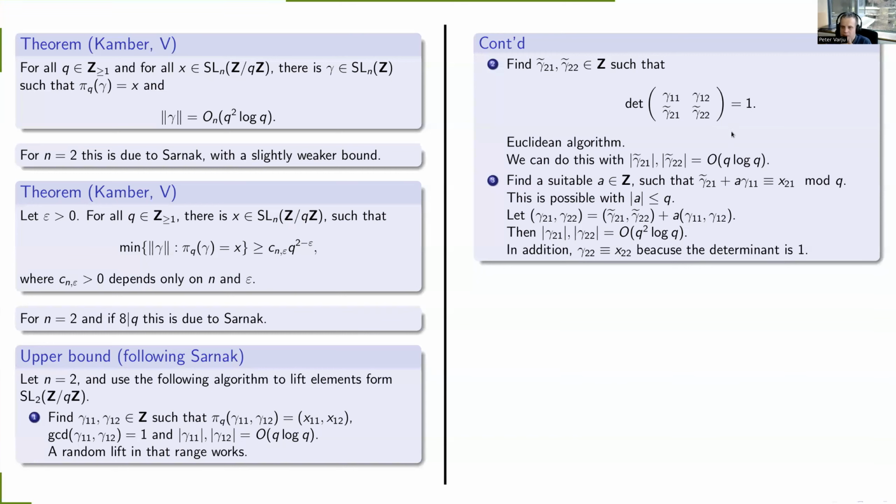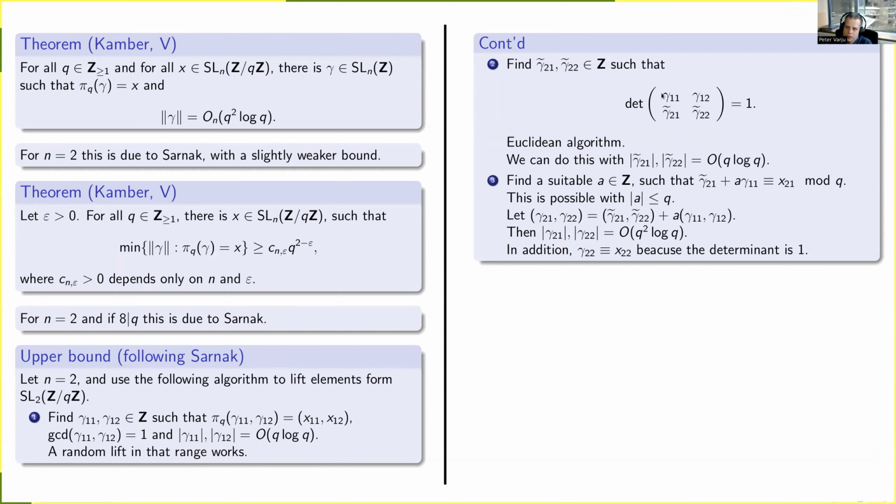And what is the size of the entries? So gamma 1 is of size q times log q. And I'm multiplying that with something which has potential size q. So the entries in the second row will be of size q squared times log q.